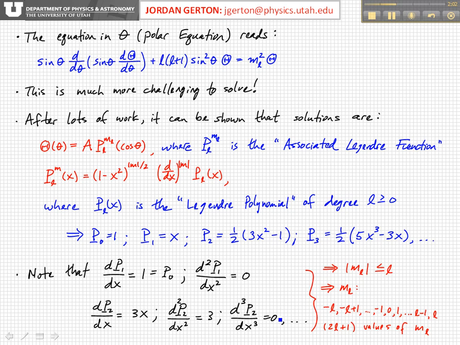And so what we see is that if the order of the derivative goes beyond L, that would imply that the associated Legendre function would be equal to 0 because it involves that derivative.